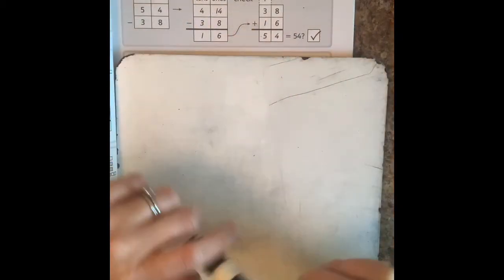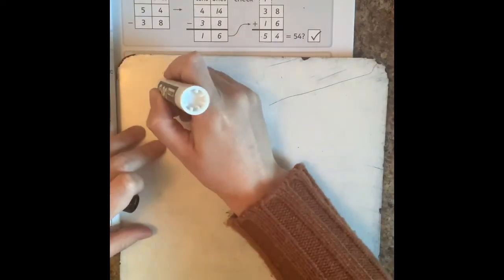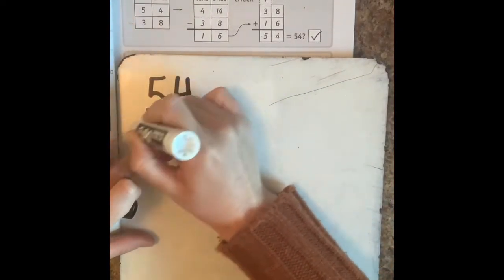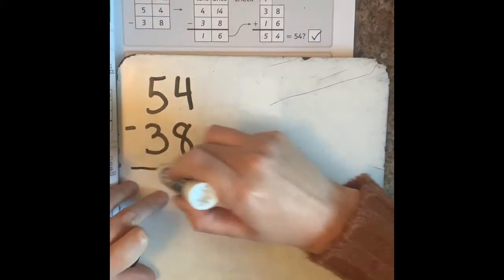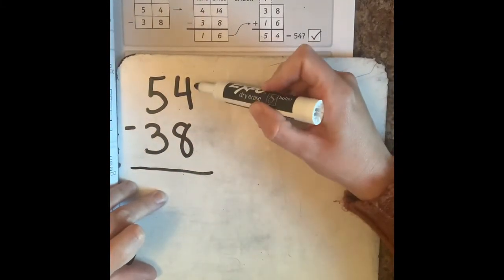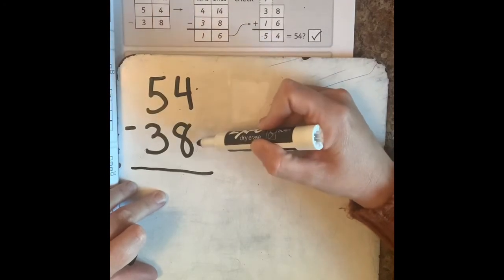Okay, so on page 63, it is asking you to trade a 10 for 10 ones, subtract, and check your answer by adding. So it is asking you to do 3 things. So here we have 54 minus 38. Now we know we can't do this because the 4 is smaller than the 8.